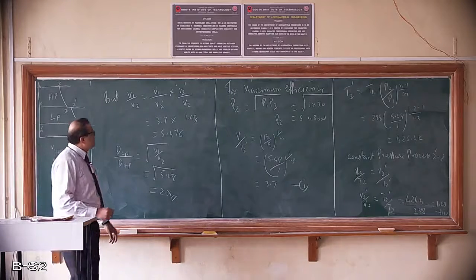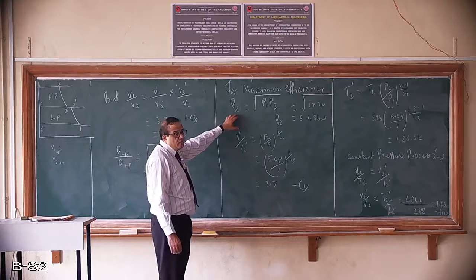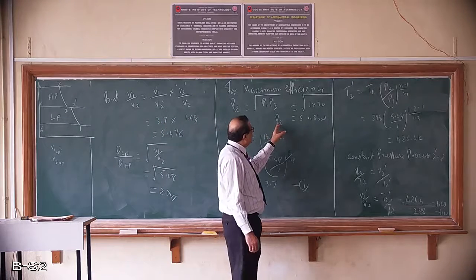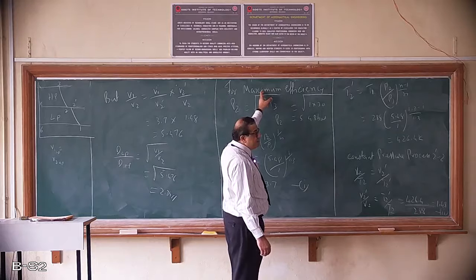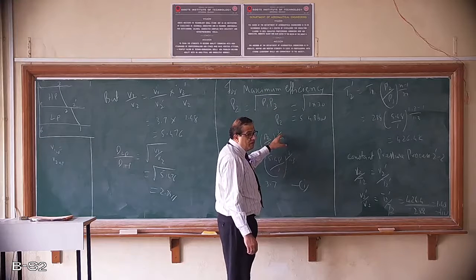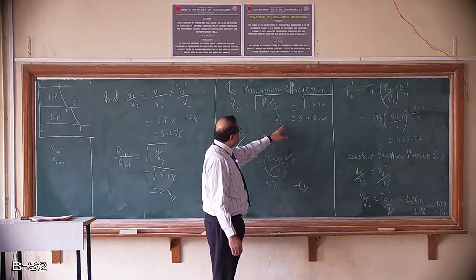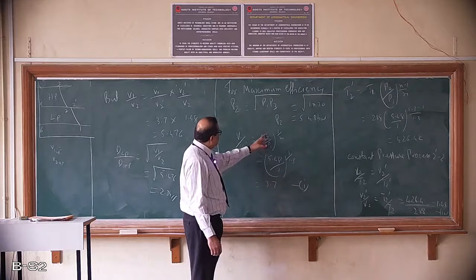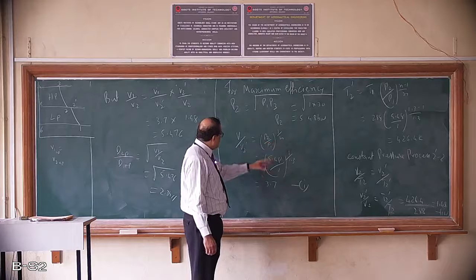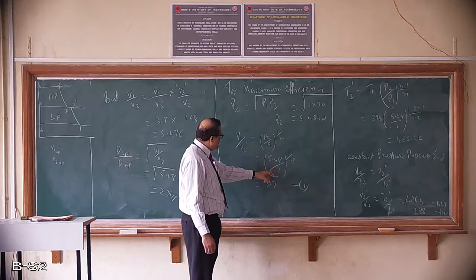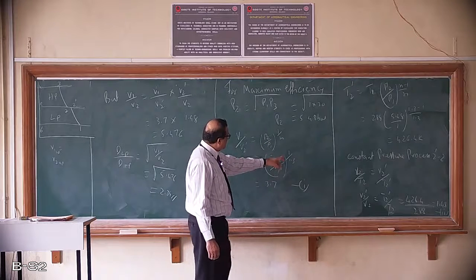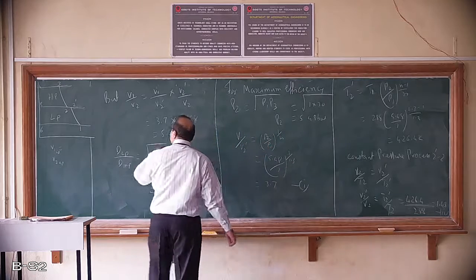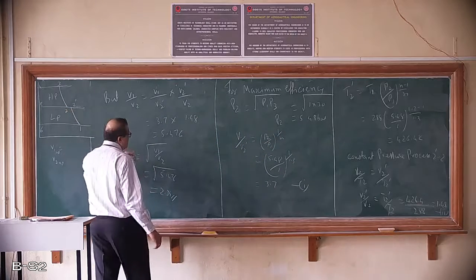So you can see here, for perfect intercooling, we know P2 is equal to square root of P1 P3. So that's what I have written. So we can calculate for maximum efficiency or minimum work done. So P2 is equal to 5.48 bar. So V1 by V2 dash is P2 by P1 to the power of 1 by 1.3. P2 is equal to P2 dash, the pressure is constant.